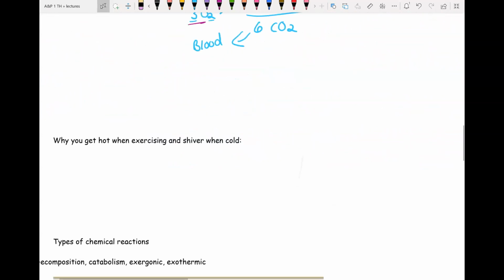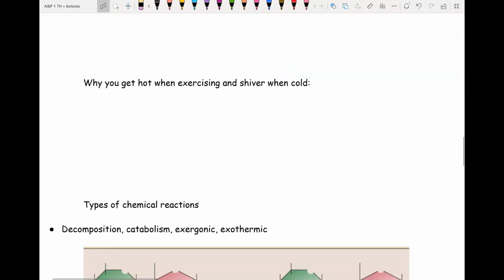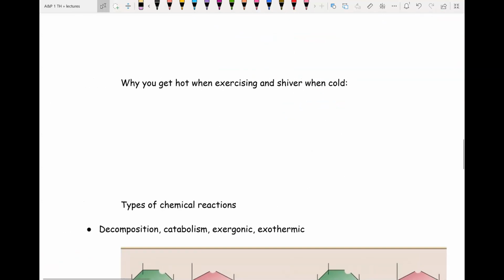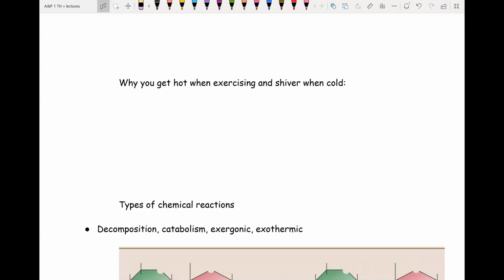So think about this. Let's put some implications to this. You get hot when you exercise and you shiver when you're cold. Well, whenever you make ATP, one of the payments you get is heat. So the more ATP you make, such as when you exercise, the more heat you produce.